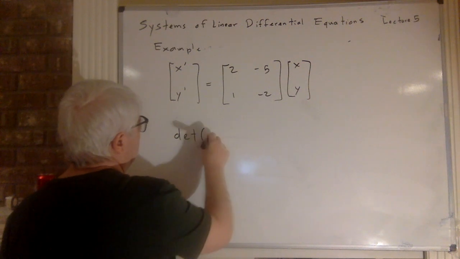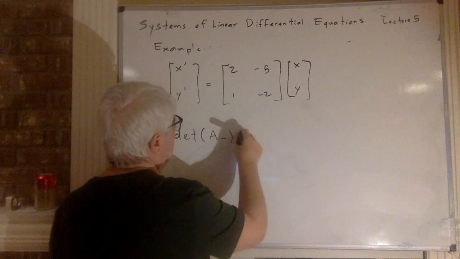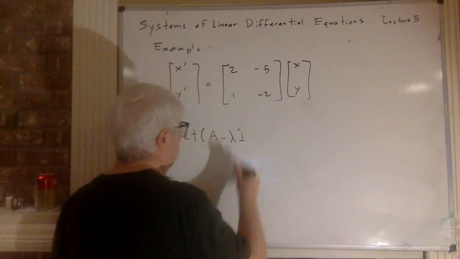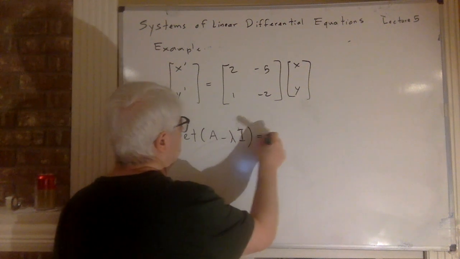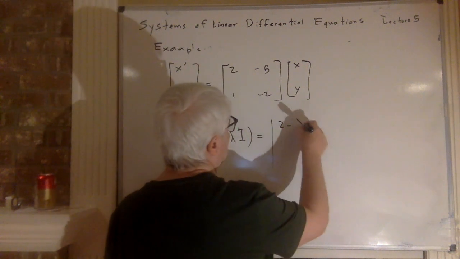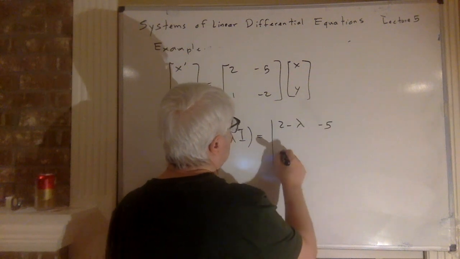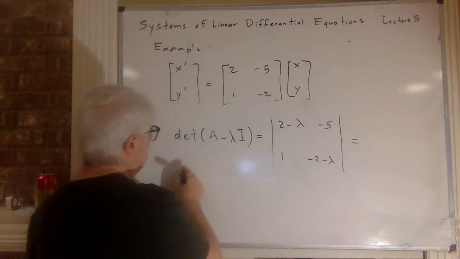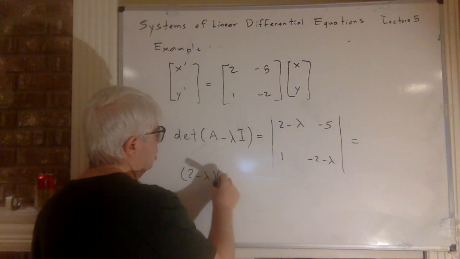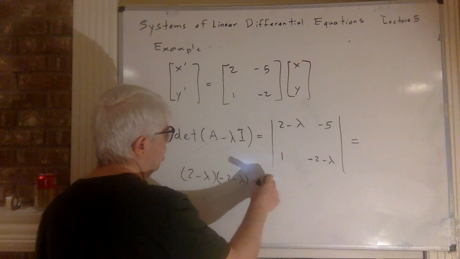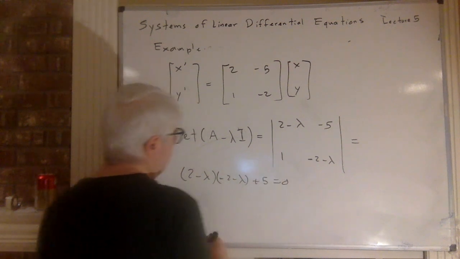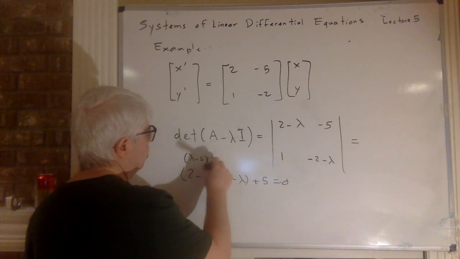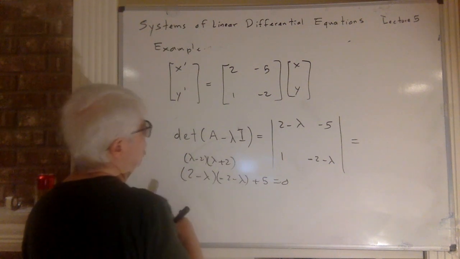Determinant of A minus lambda I is 2 minus lambda, minus 5, 1, minus 2 minus lambda. So that is (2 minus lambda) times (minus 2 minus lambda) plus 5, equal to 0.